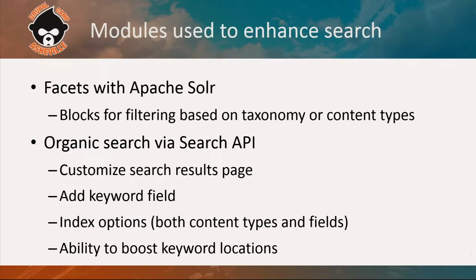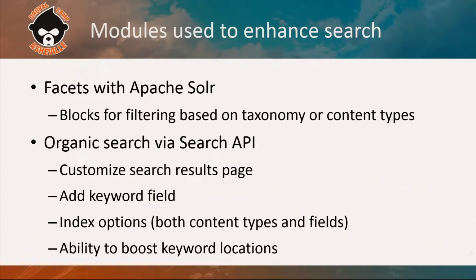Okay, and then I did mention search, because search is part of this demo, but just very briefly. It's using the facets. So who's familiar with facets? Okay, our developer. Awesome. Facets are little blocks that you put on a page that help people filter search results. But we also used it not only for our search results, but for our page content as well.